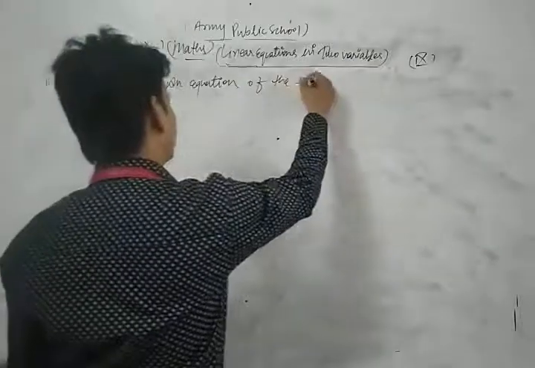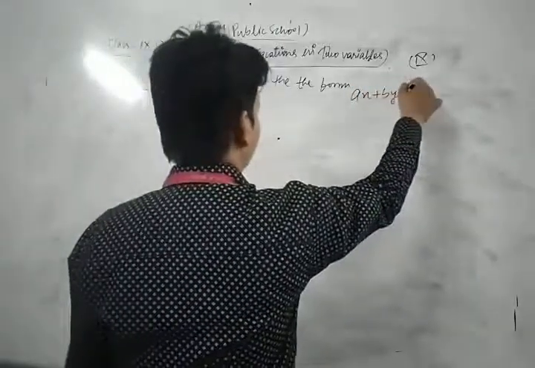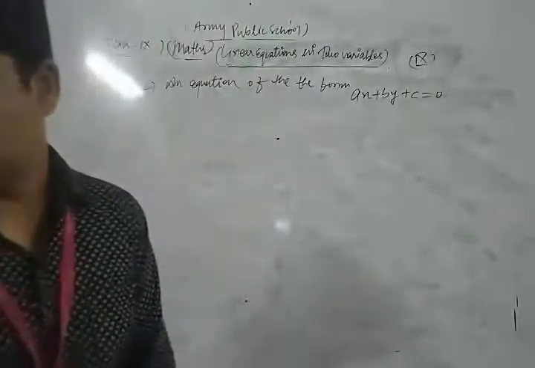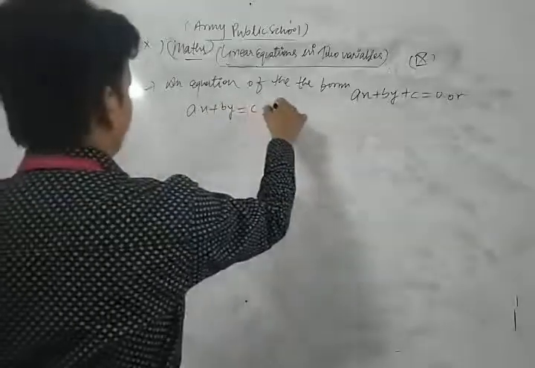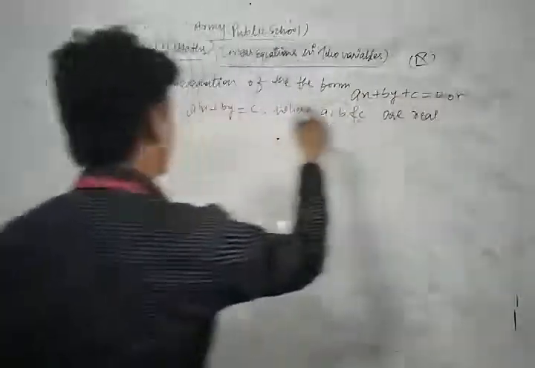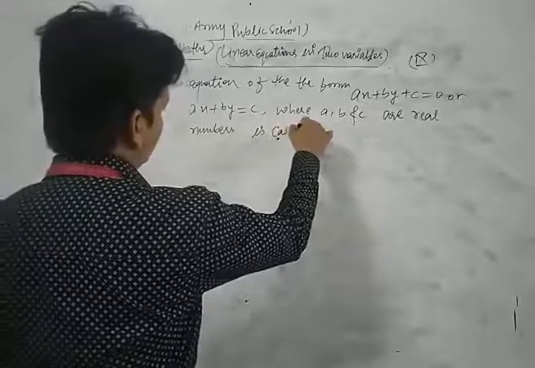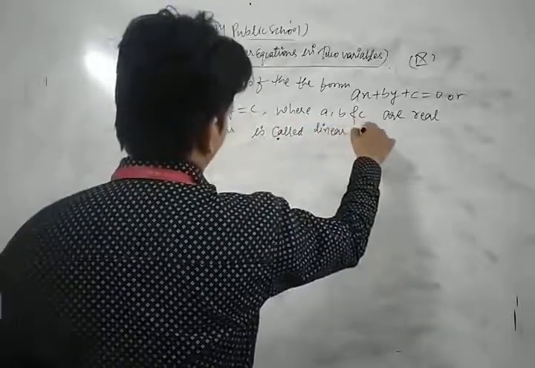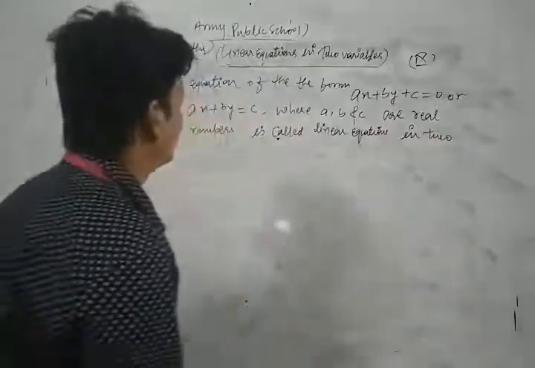An equation of the form ax plus by plus c is equal to 0, or ax plus by is equal to c, where a, b and c are real numbers, is called a linear equation in two variables.